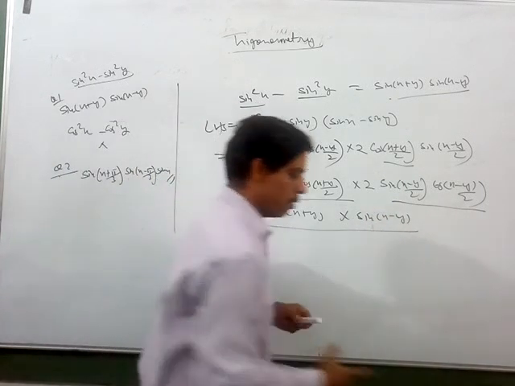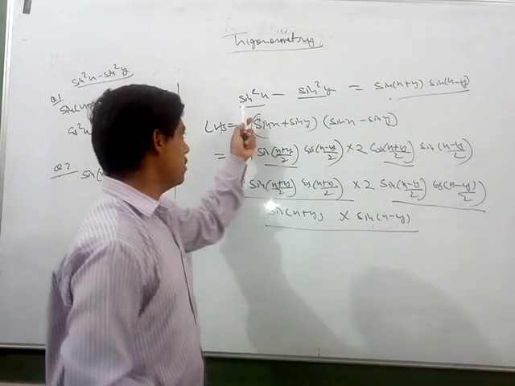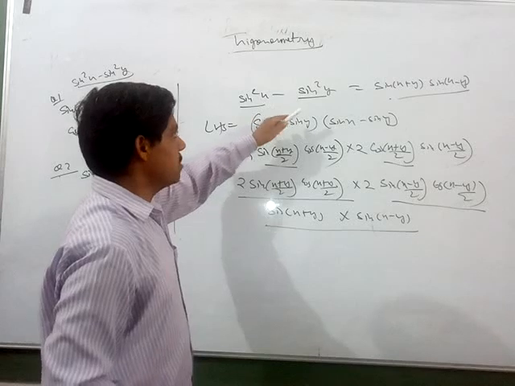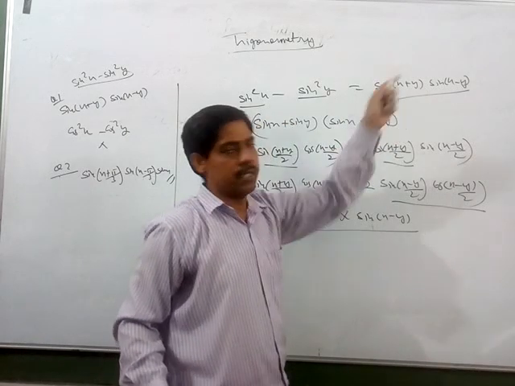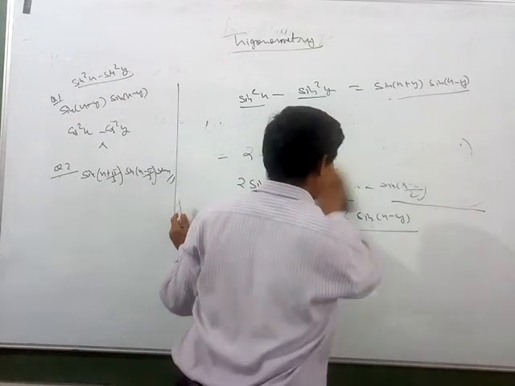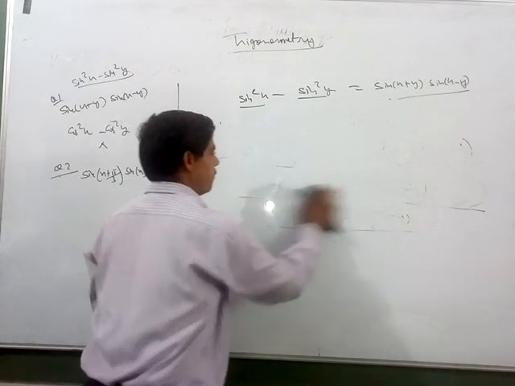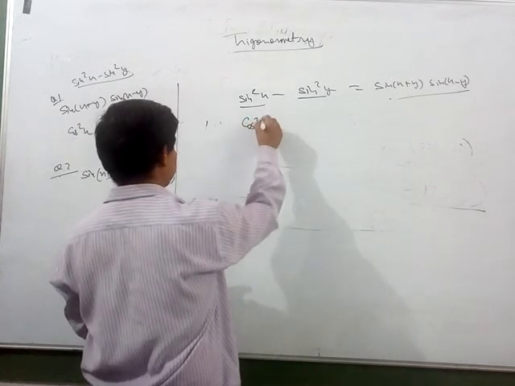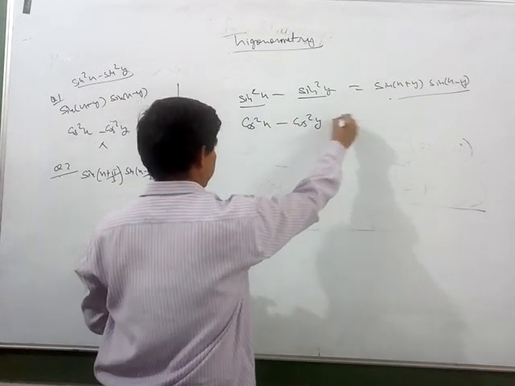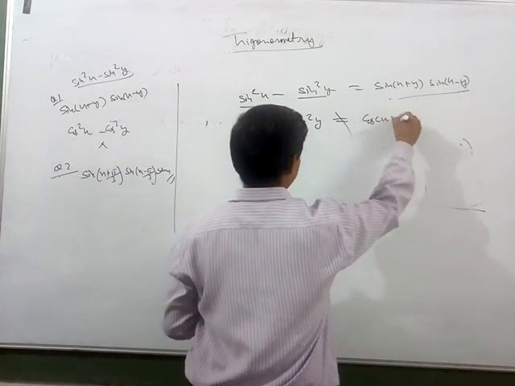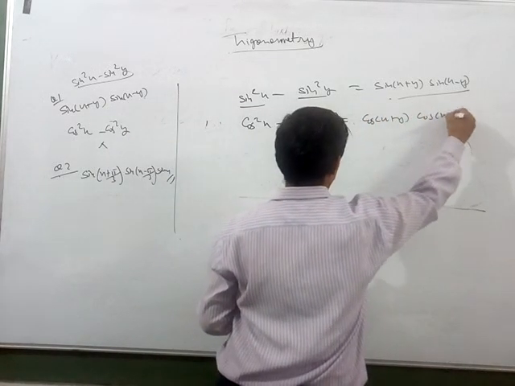Now don't get confused when the same question comes for cos square x minus cos square y. That is not equal to cos(x plus y) cos(x minus y). If you try this question, cos square x minus cos square y is not equal to cos(x plus y) cos(x minus y).